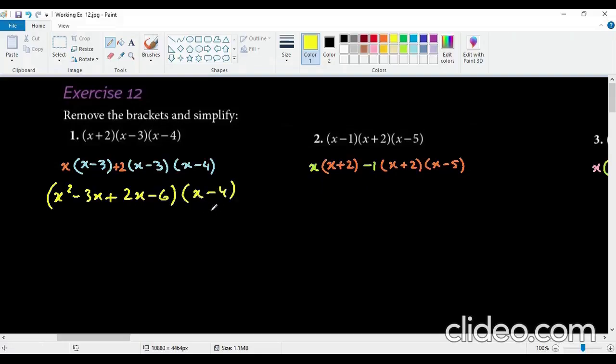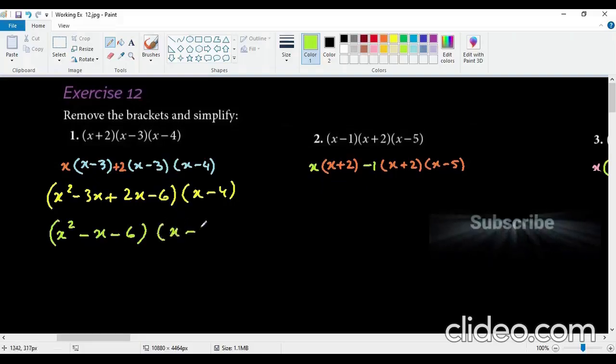Okay, now we can simplify this first to make things easier: x square plus x, because from minus 3x it one is subtracted, so minus x, and minus 6 is going to be the answer for the first two brackets.